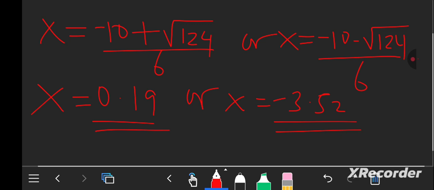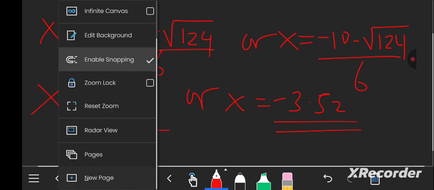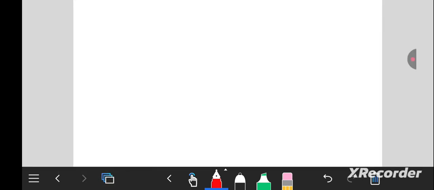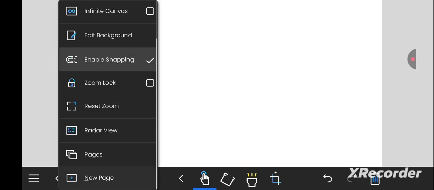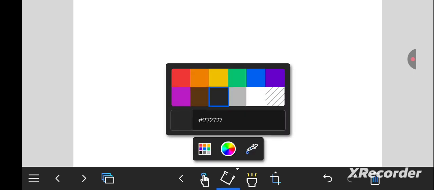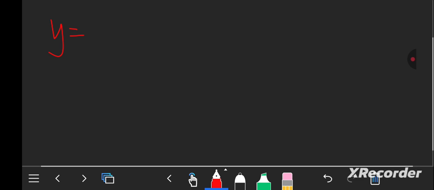So what we're going to do is this. Let me use this slide. Right, so let's get the equation. The equation was y is equal to negative x cubed plus 5x squared plus 2x minus 24.